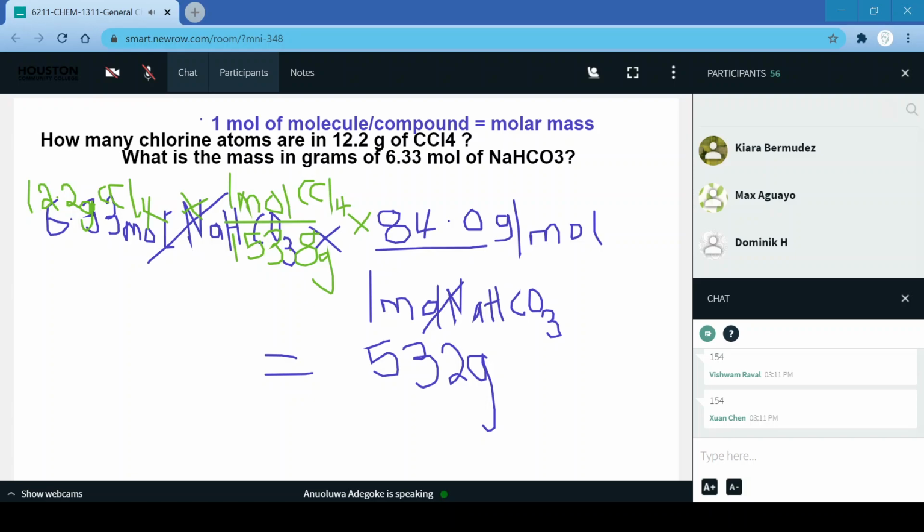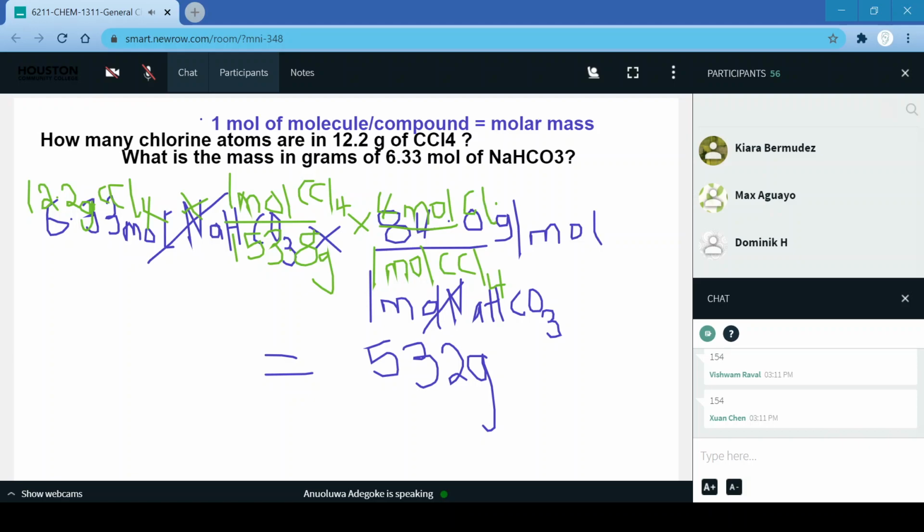All right, next thing we're going to say, 1 mole of carbon tetrachloride contains 4 moles of chlorine because there are 4 chlorine there.